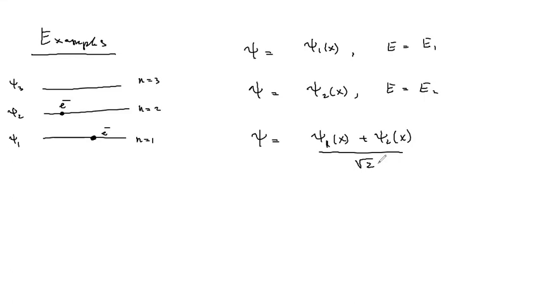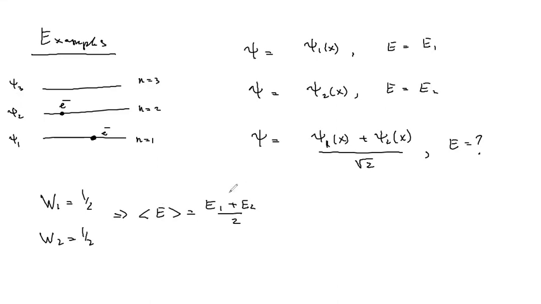How can you interpret this state? What is the energy in this state? It has a 50% possibility in psi2 and a 50% possibility in psi1. But this is not energy, it's a probability. So you can conclude that the average energy would be E1 plus E2 over 2.